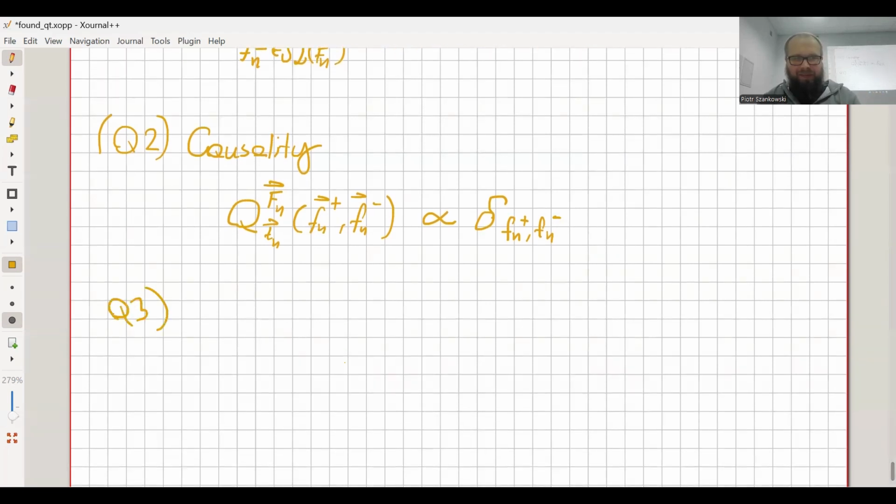Q3 is a factorization rule for independent subsystems.